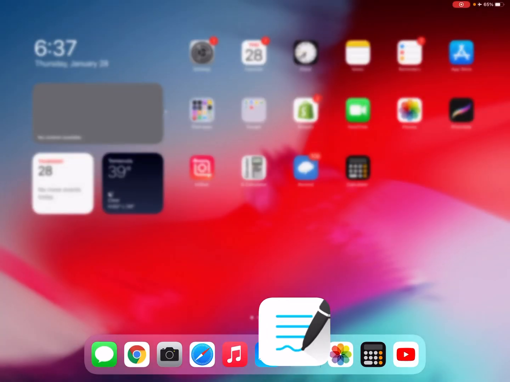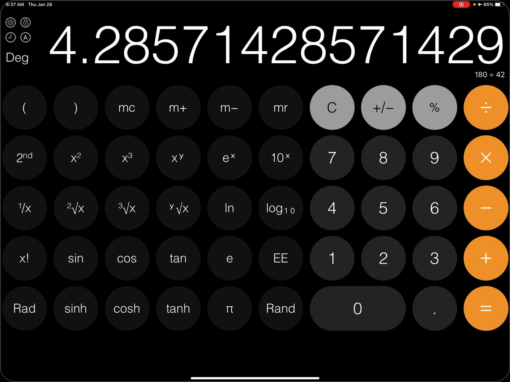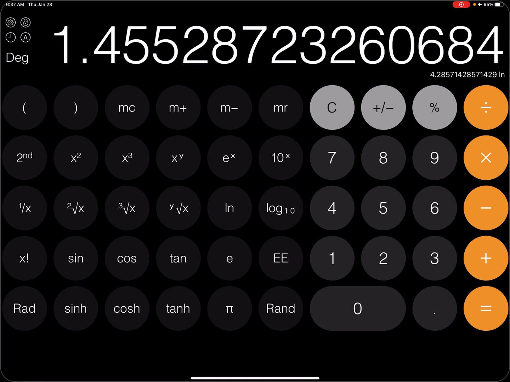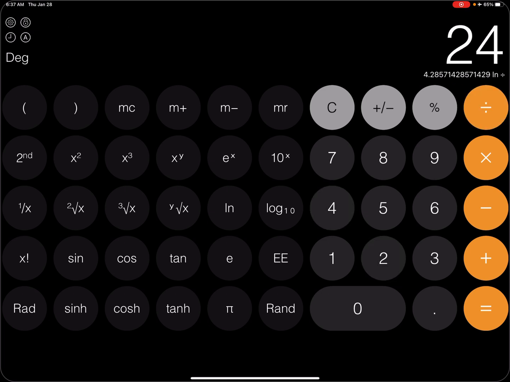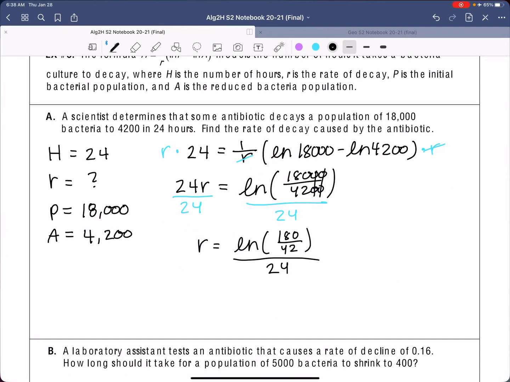So go to our calculator. Again, you want to do the inside first, so we're going to do 180 divided by 42. We want to take the natural log of that, so we take ln, and then we take that answer and we're dividing it by 24 to get 0.0606.